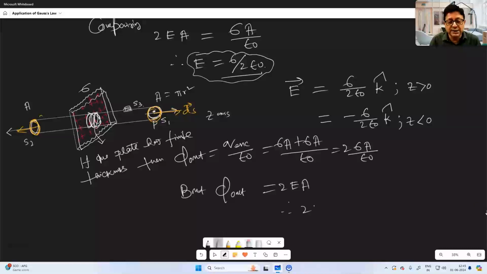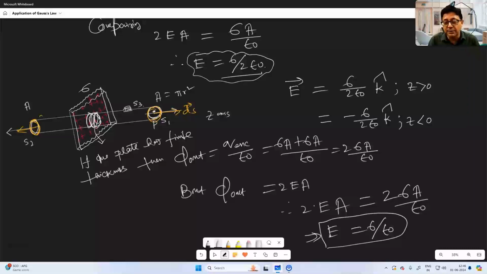So twice EA equals 2 sigma A by E0. So E is given by sigma by E0 if it has finite thickness. So it is quite obvious that in both the cases it is independent of distance.